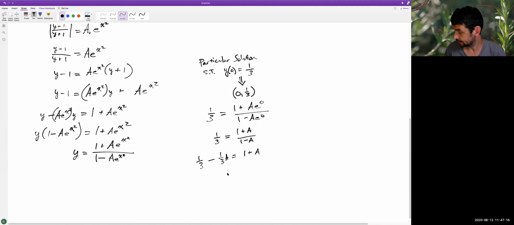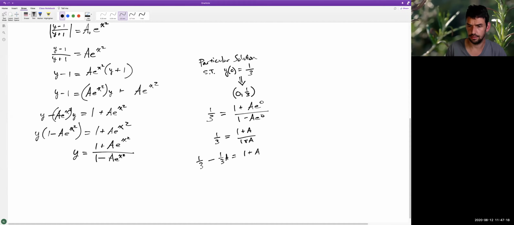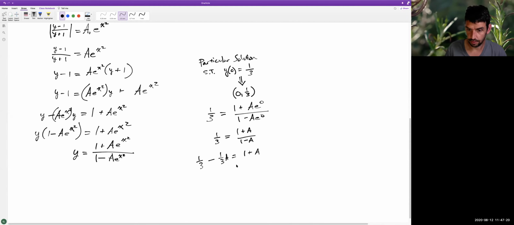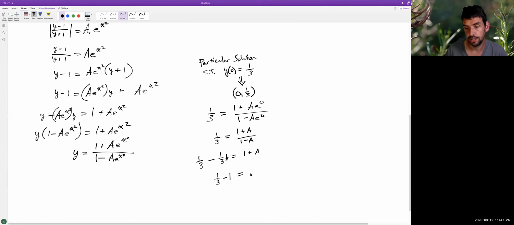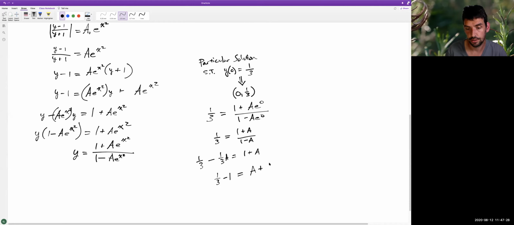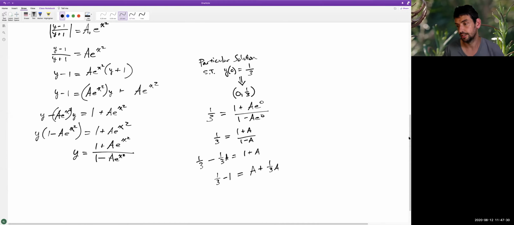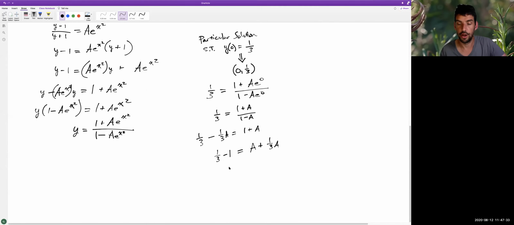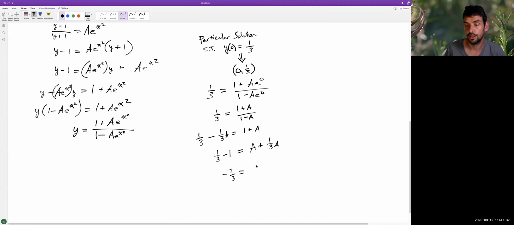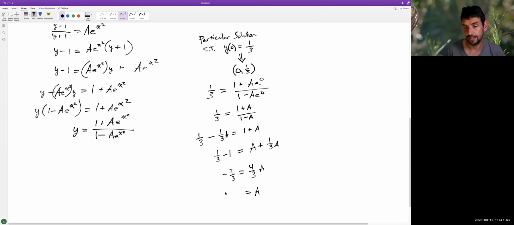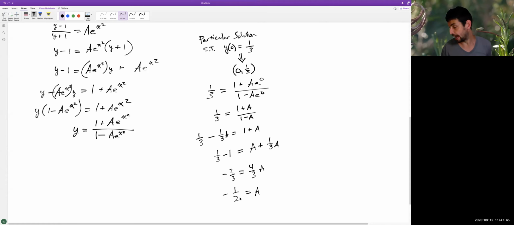And I'll get, let's see, 1/3 minus 1 is equal to a plus 1/3 a. So now I have negative 2/3 is equal to 4/3 a, which means a is equal to negative 1/2.